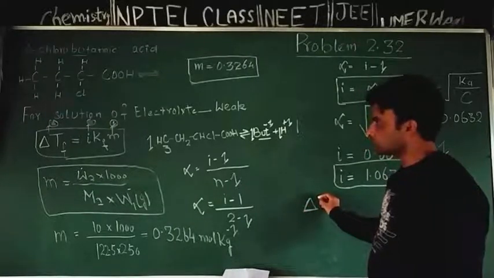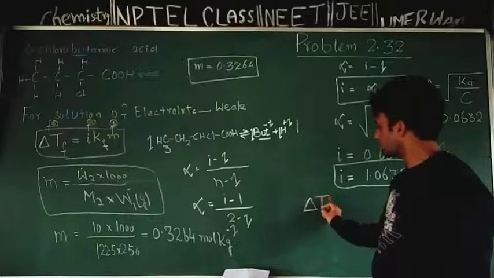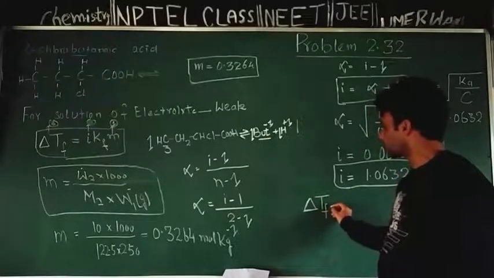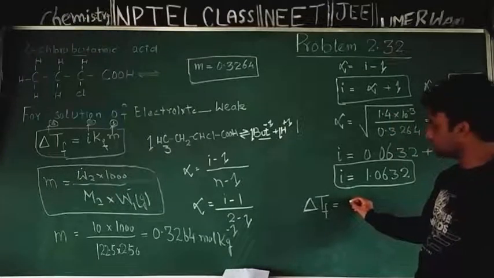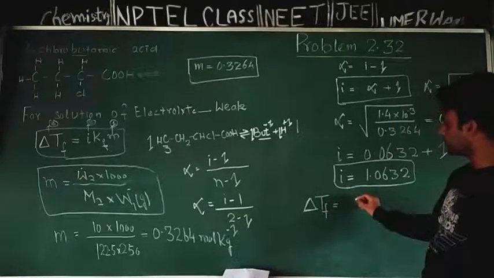I need to use this basic or fundamental equation of depression in freezing point, delta Tf, and express it in terms of i, Kf and m.